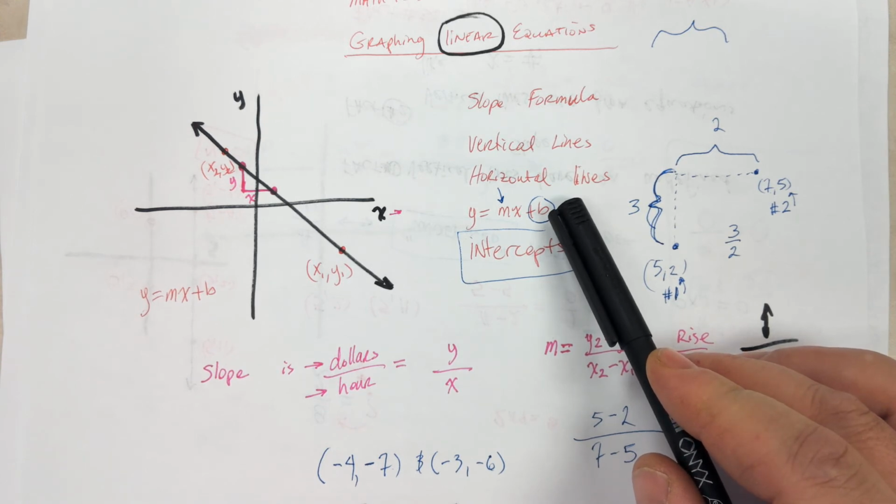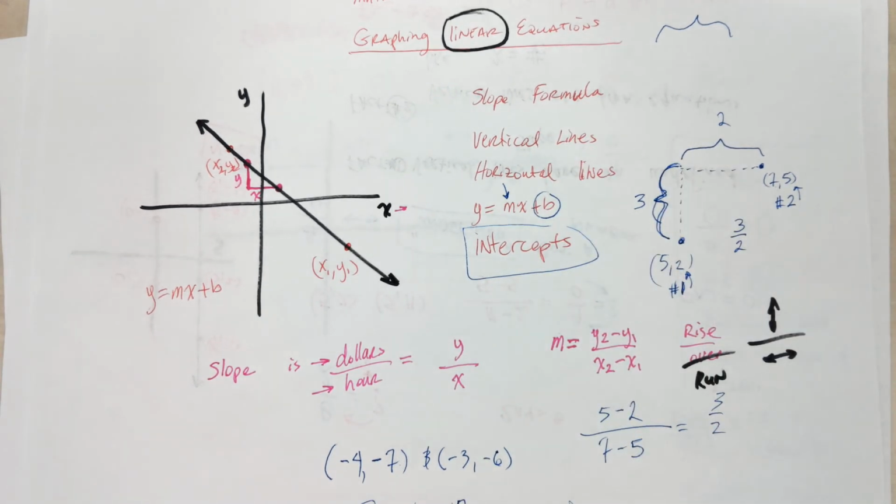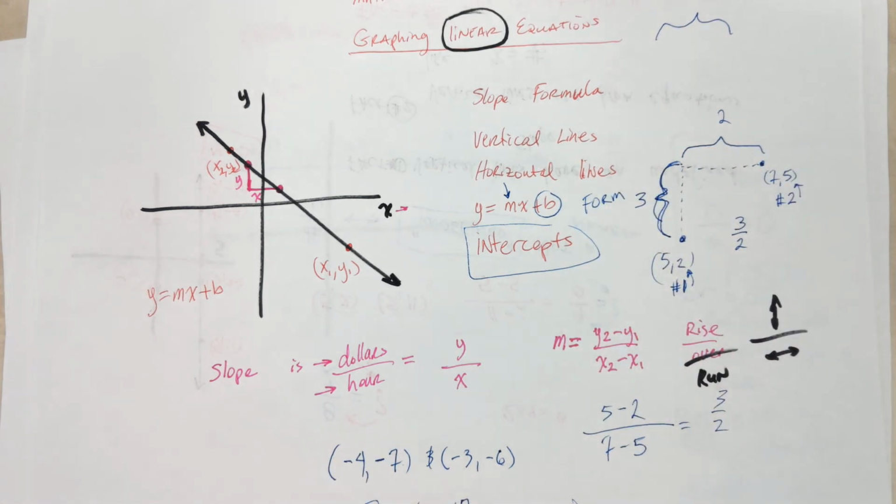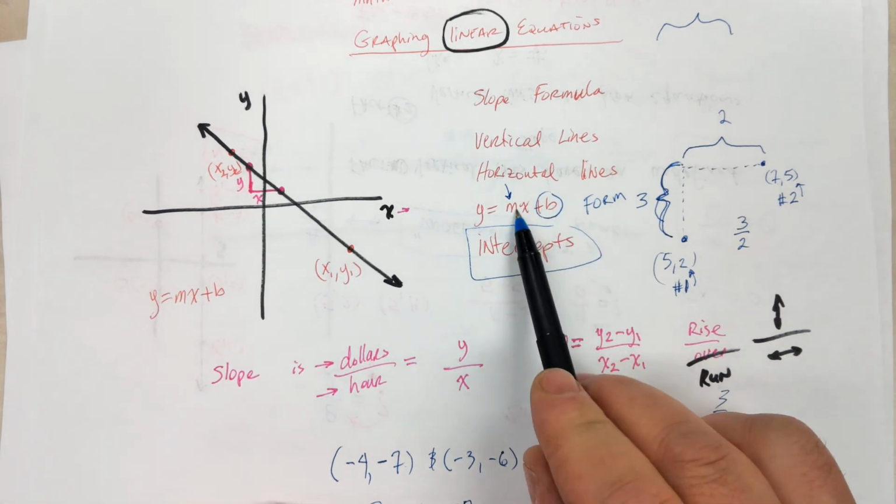The other one's the slope formula. It's called a form because a formula calculates something for you, and a form is a shape, like a pattern, where everything is in a certain spot. So you've got your y-intercept, and then you've got your slope.